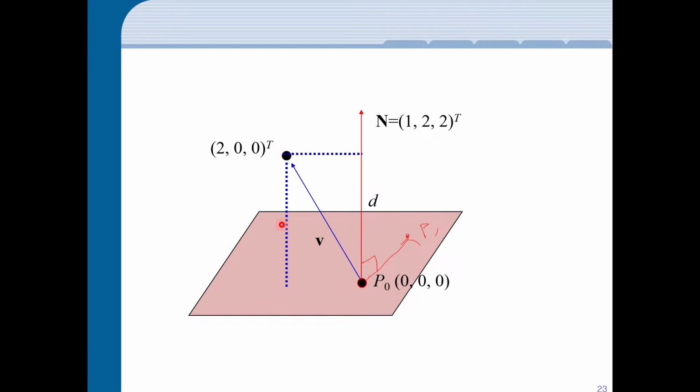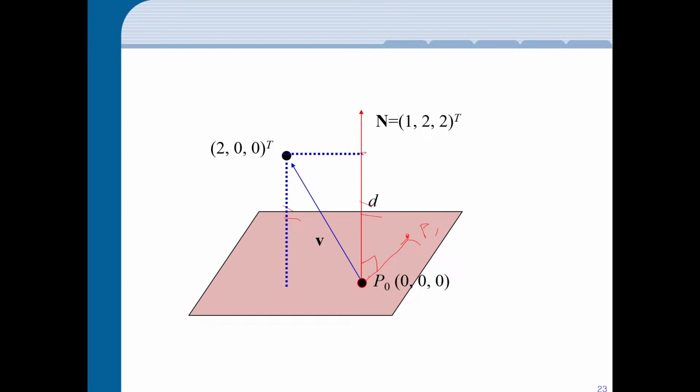But it should also equal the vector from p0 to your point, projected onto the normal vector. So we are saying this distance should equal this distance here.